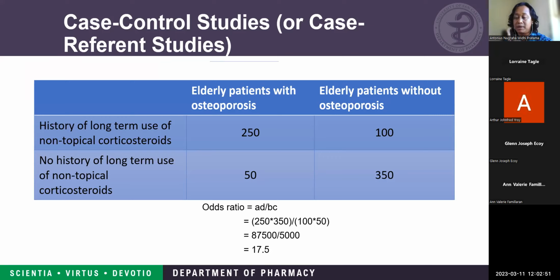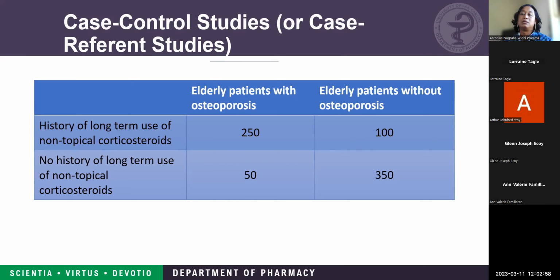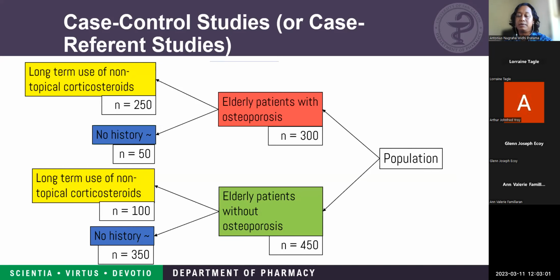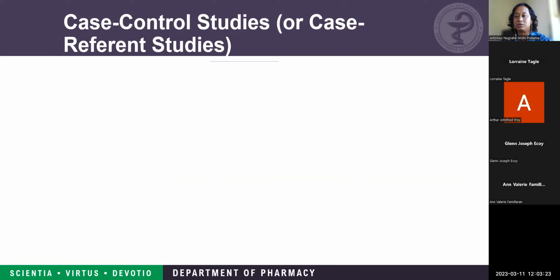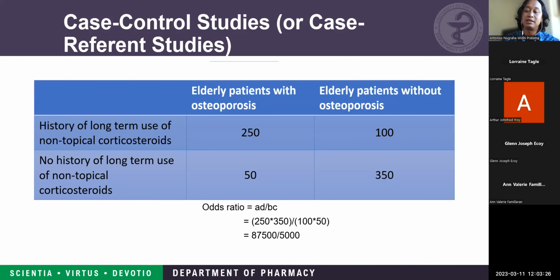I do not say persons, but 17.5 times higher than the elderly patients who do not use the non-topical corticosteroids. So that's the interpretation.